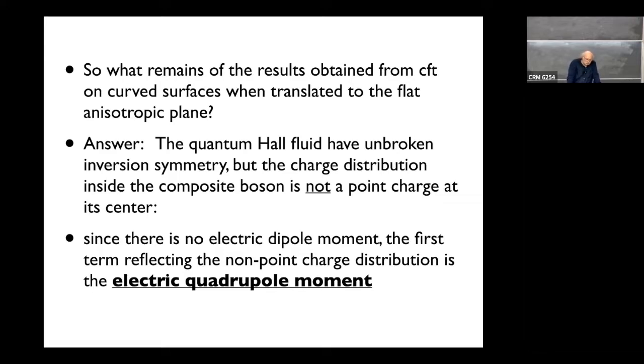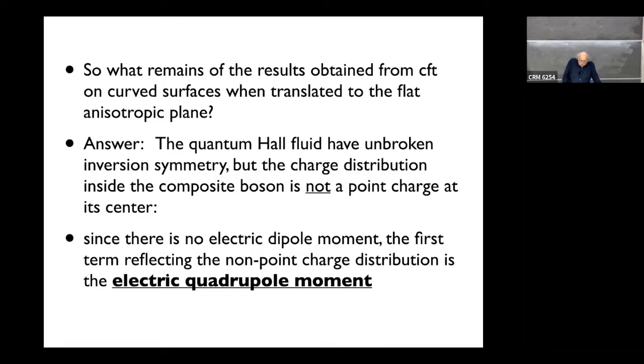In the approximation used by the Chern-Simons theory, it's effectively treating the charge as a point charge sitting at the center of the flux, the gauge condensate, the composite boson. But the actual charge is not a point. It's distributed in a non-uniform way inside this composite boson.